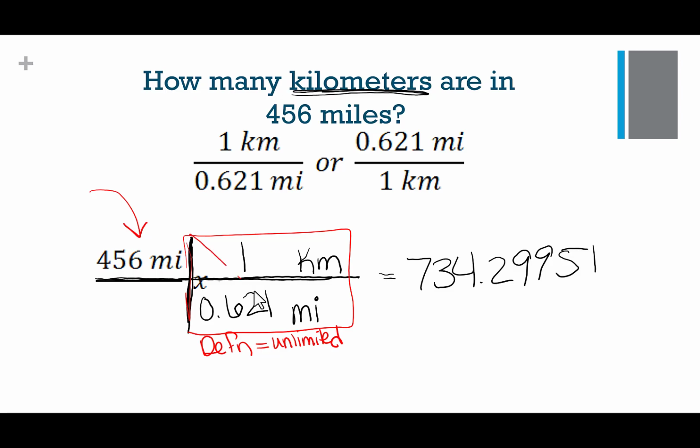That is not where we look for sig figs. We are going to look at the original measurement that was taken. The original measurement has 3 significant figures, so when I report my answer, I can only report 3 significant figures. So 734 kilometers. For some reason, my pen stopped writing, but put a km after that.